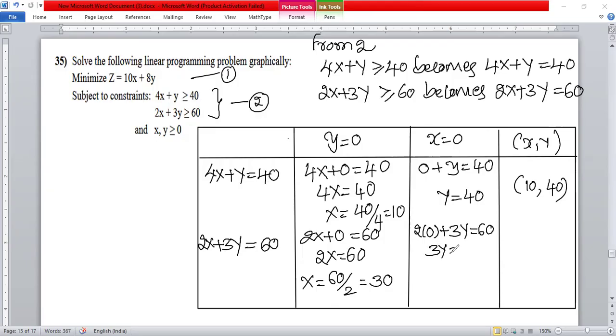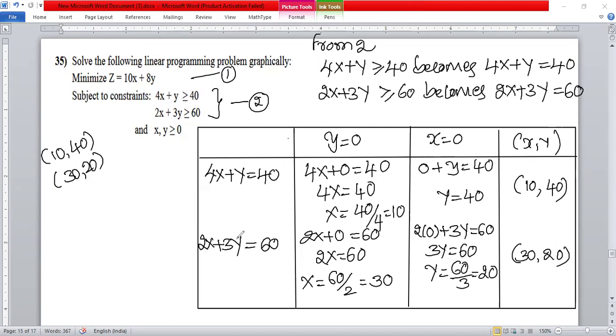So 3y is equal to 60, so y is equal to 60 by 3, so 20. So 30, 20. Okay, we have two points. One is 10, 40, and the second one is 30, 20.